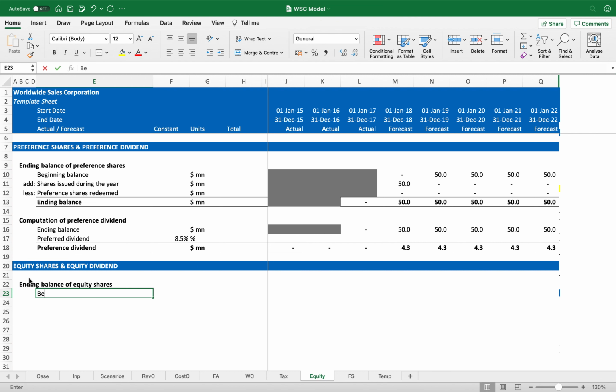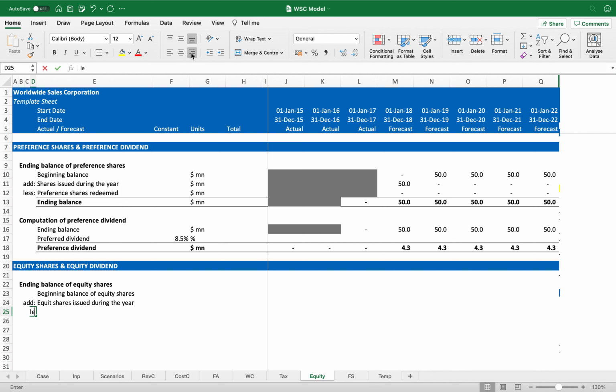I might be having some beginning balance of equity shares. Add equity shares issued during the year. That increases my equity balance. Any share that I am issuing during the year will increase the balance of my share capital, the balance of my equity shares.